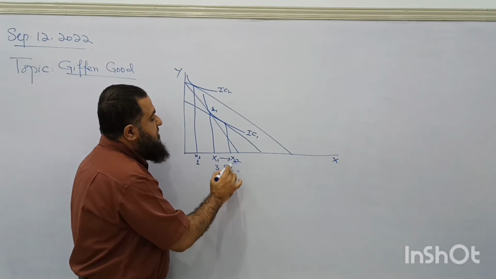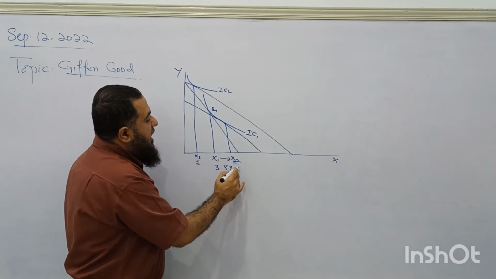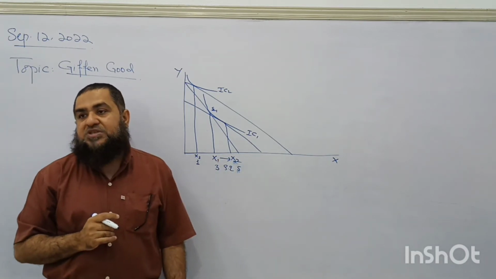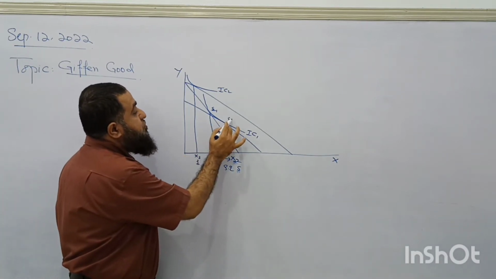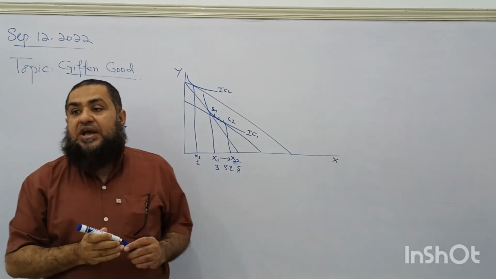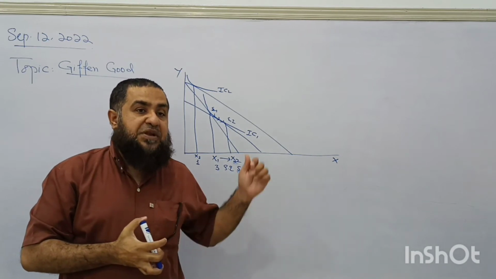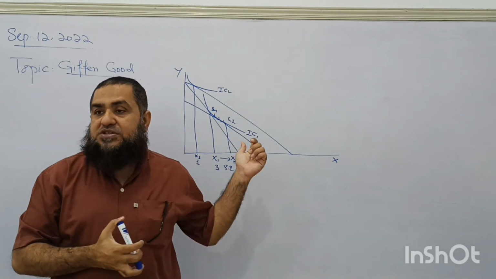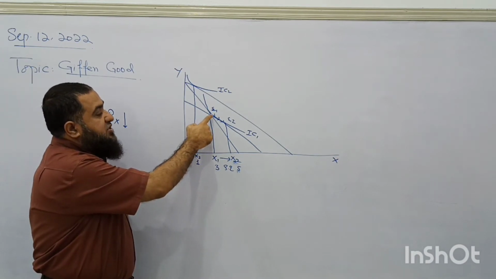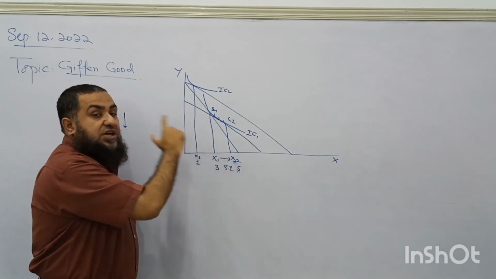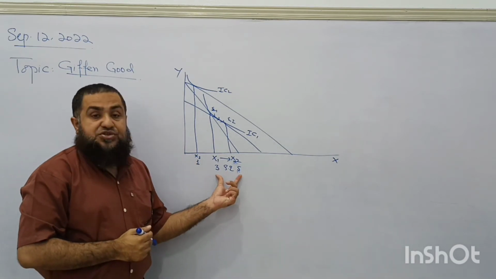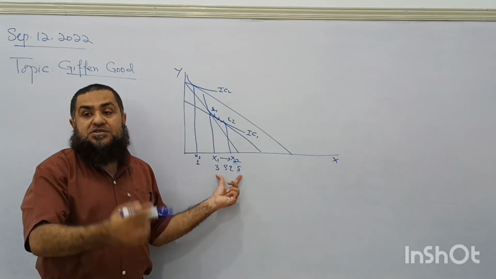This is the substitution effect. For example, say the consumer is now consuming 5 units of X. The substitution effect says this is E2. The movement from E1 to E2, as he remains on the previous indifference curve, shows how many units of Y he has given up to buy 2 extra units of X. So this is called the substitution effect, which is still positive.